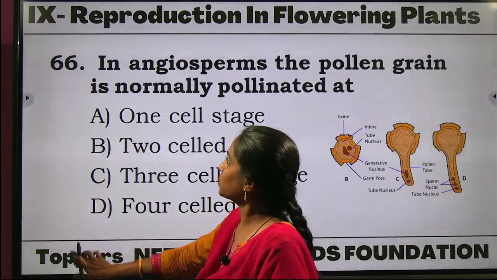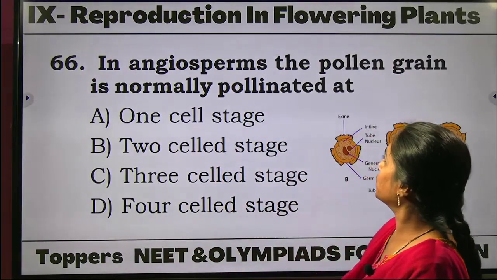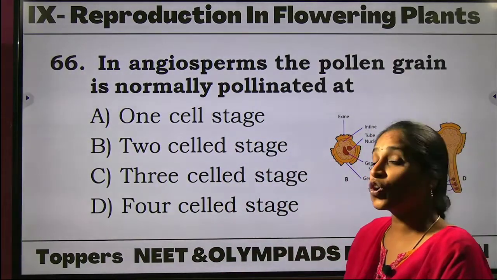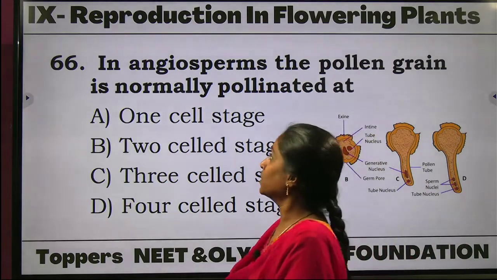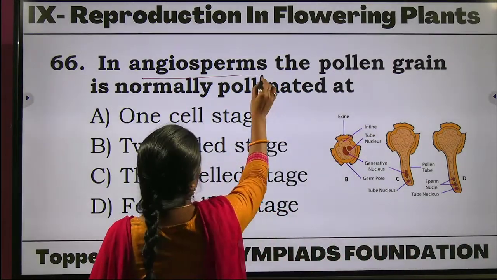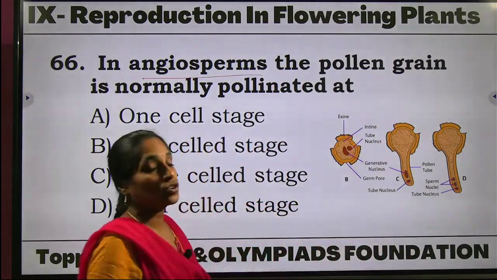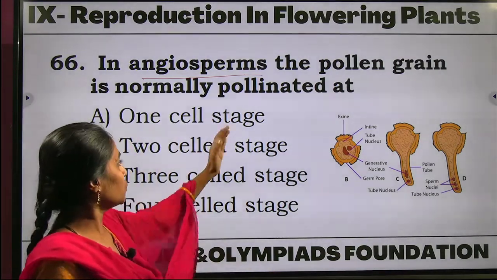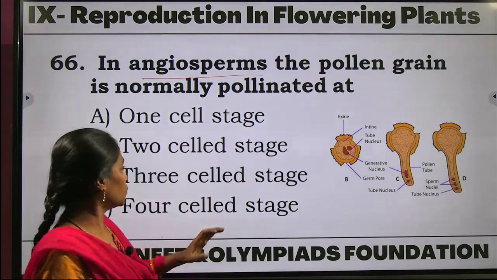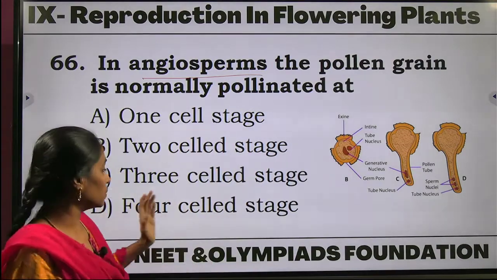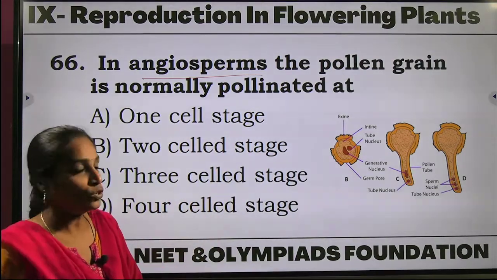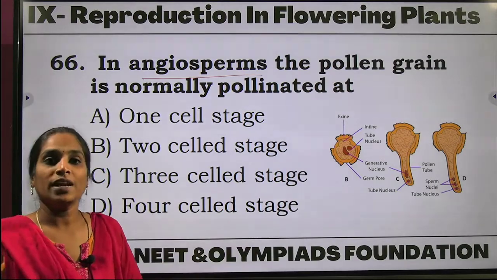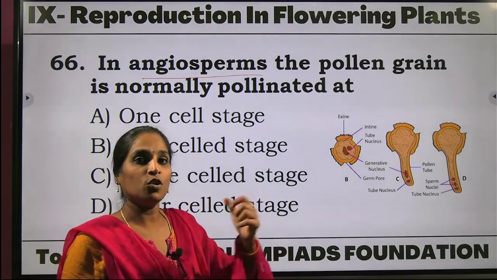Next, coming to the next question. In angiosperms, the pollen grain is normally pollinated at which stage? The 1 cell stage, the 2 cell stage, the 3 cell stage or the 4 cell stage? As we know, in the pollen grain we can observe the germination of a pollen tube.